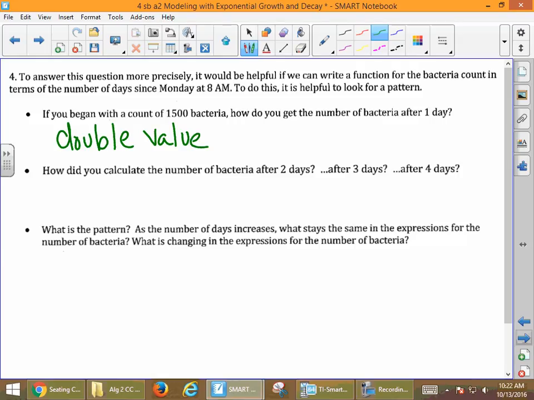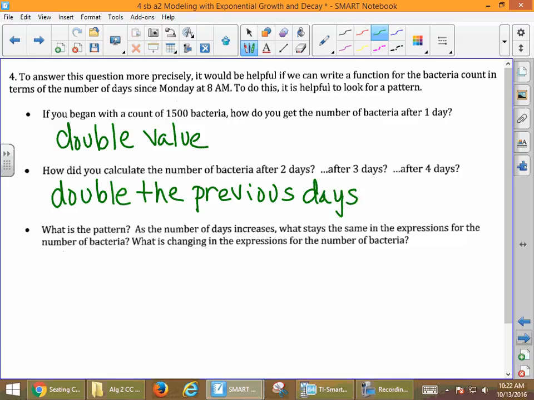And then if we want the bacteria after 2 days, we had to double our previous day's value. In fact, that's what we did. After 2 days, we doubled it. After 3 days, we doubled that. After 4 days, we doubled that.